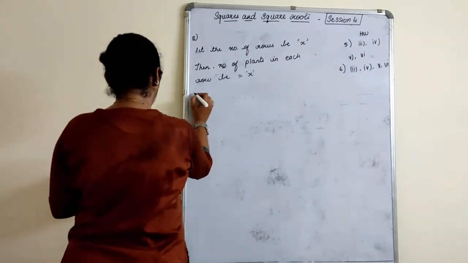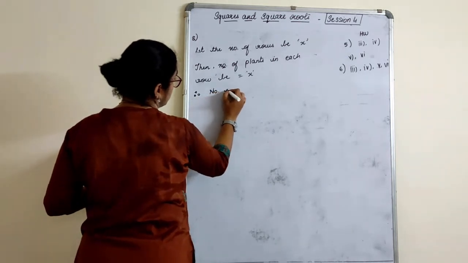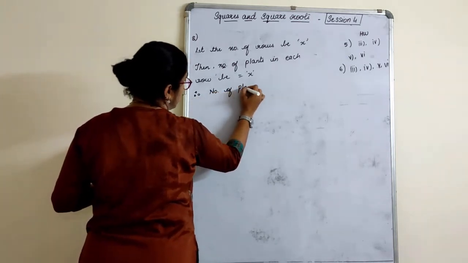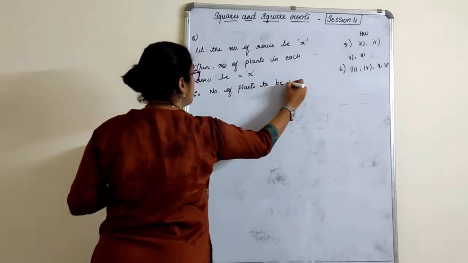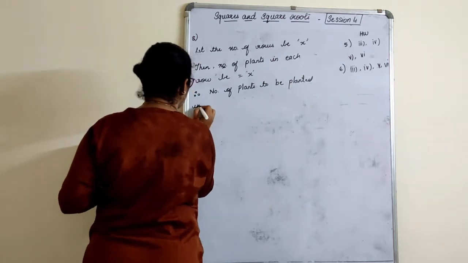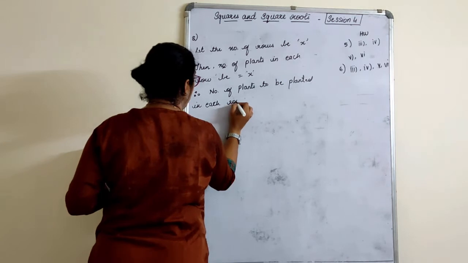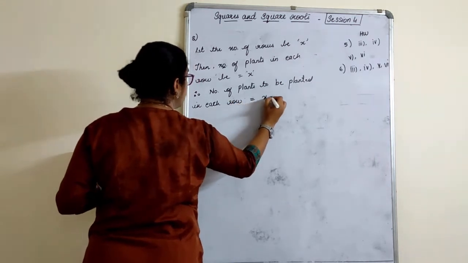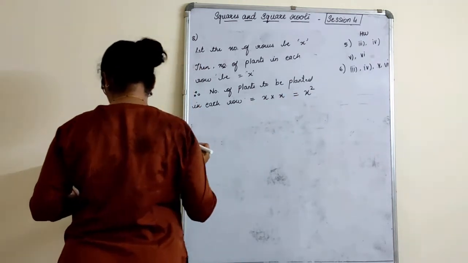Next, therefore, the number of plants to be planted in each row, what has it to be? x into x, that is nothing but x square.